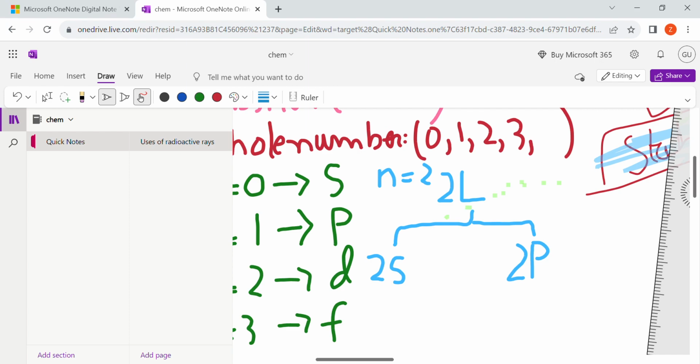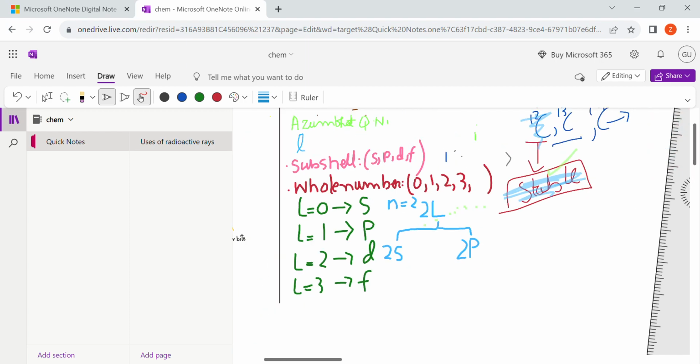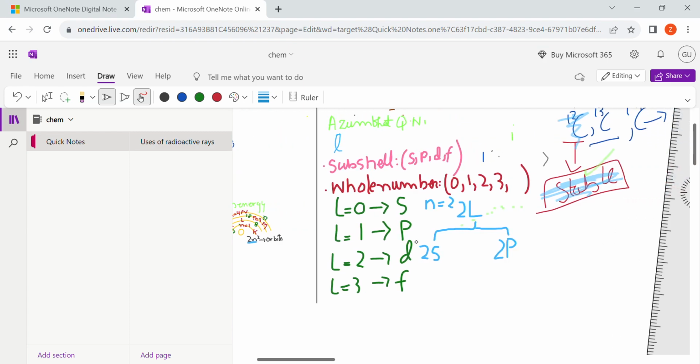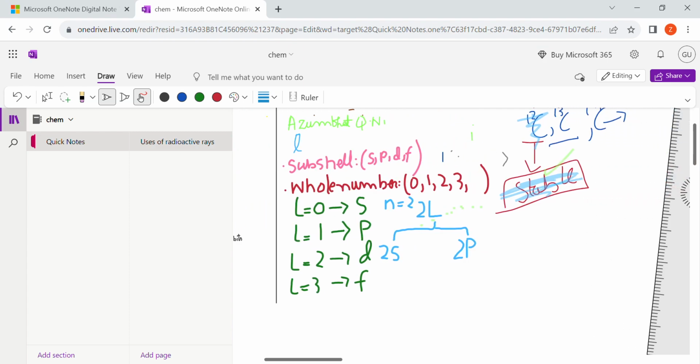So let's calculate. For calculating the shells we have a formula, but for calculating the subshells we have the formula 2L plus 1.